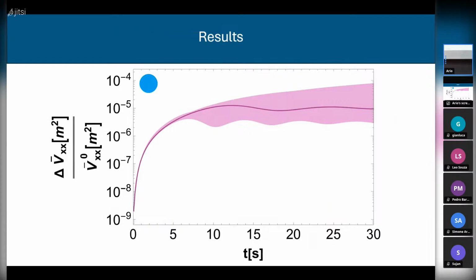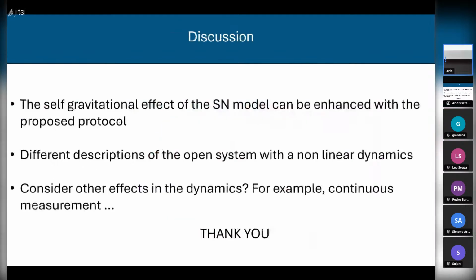This area here takes into account the robustness of the protocol, because we were also looking at systematic errors in the setting of the alpha and beta parameters for the modulation of the potential. So this is the end.